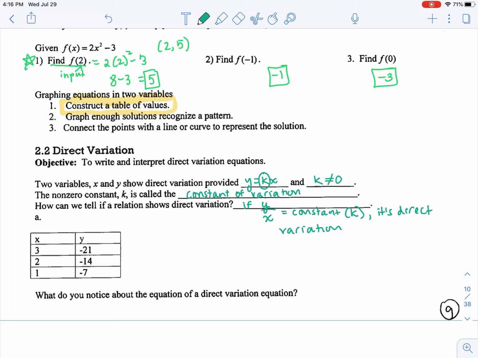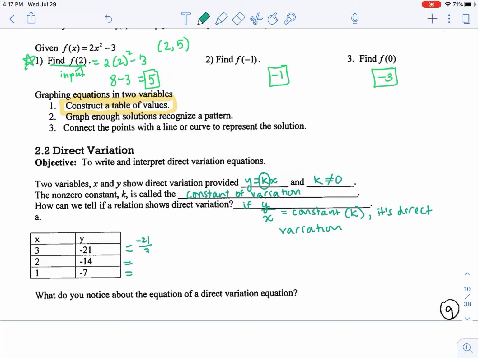We would then make that conclusion that it's direct variation. So if I can show that y over x is a constant value, then my conclusion is that the relation is one of direct variation. If you take a look at A, you have a table of values, and the question will say, does this relation show a direct variation? What we would need to show is that y over x on each one of these ordered pairs is indeed a constant value.